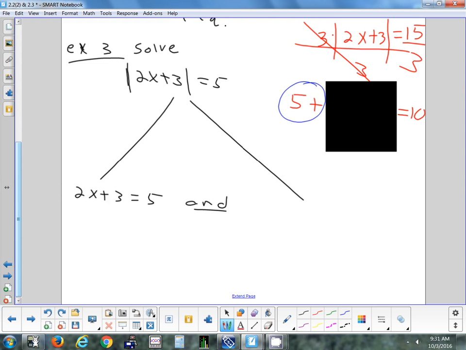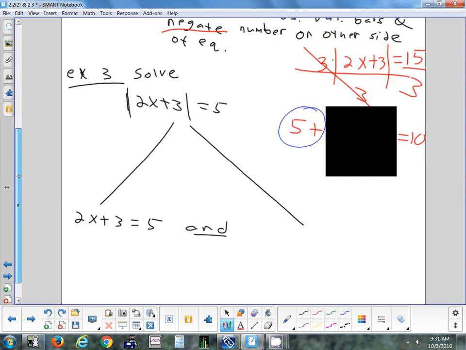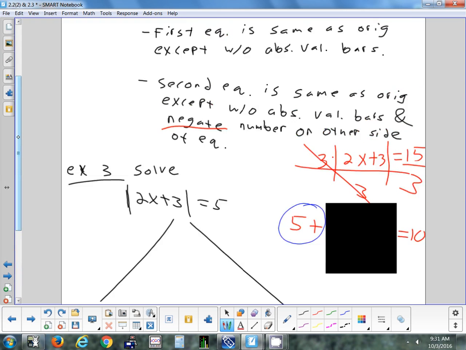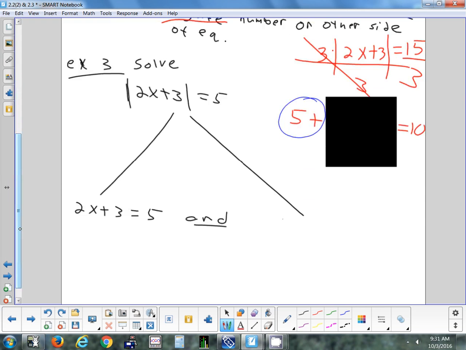About Ryan? What was the question again? My second equation. Priya? 2x plus 3 equals -5. Yeah. So my second equation, she did it perfect. 2x plus 3 equals -5.